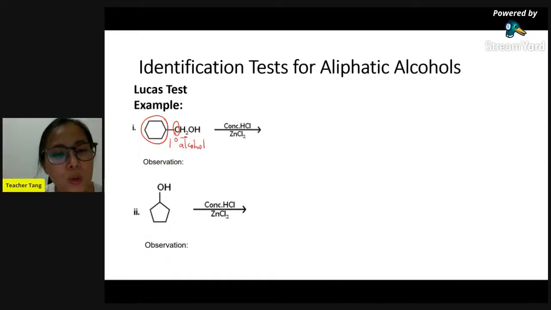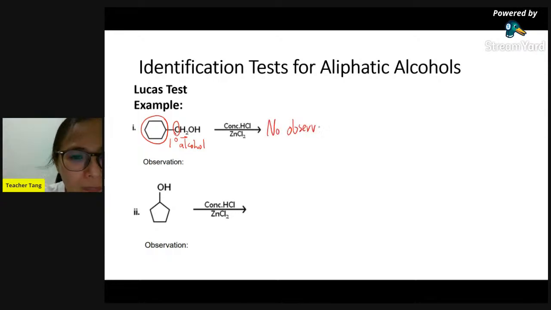Remember, we do the Lucas test in 10 minutes. So for primary alcohol, after 10 minutes we get no product, and in the equation we write no observable change. For the observation, remember the product is the cloudy solution. So after 10 minutes for primary alcohol, even with heating, we do not get the cloudy solution.